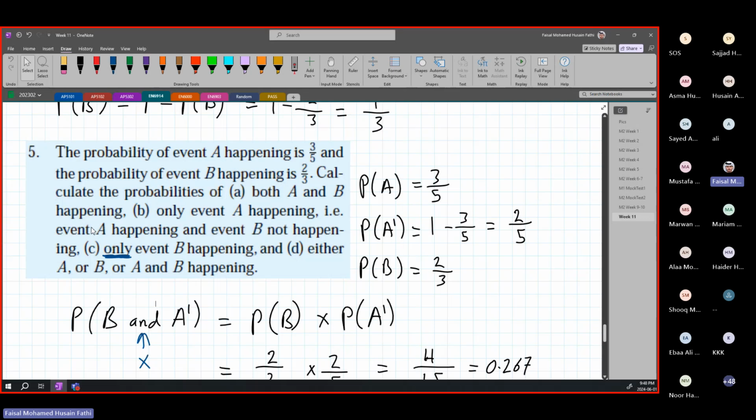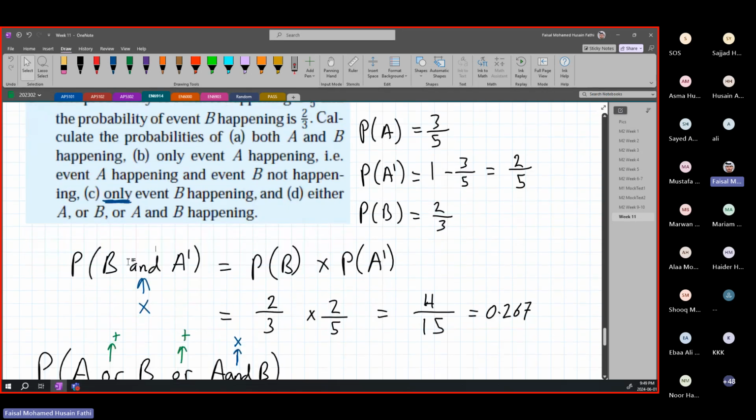They even clarified that only an event happening means event A is happening and the other event is not happening. So this is why we are using the A naught and the B naught in this question. When we're talking about only, we mean only that specific event will occur and the other event will not occur. That is why we are saying B will occur and the other event will not occur.